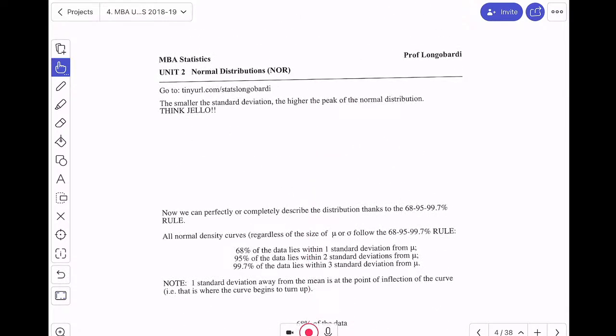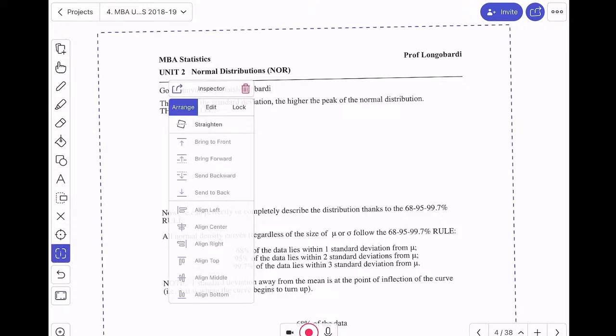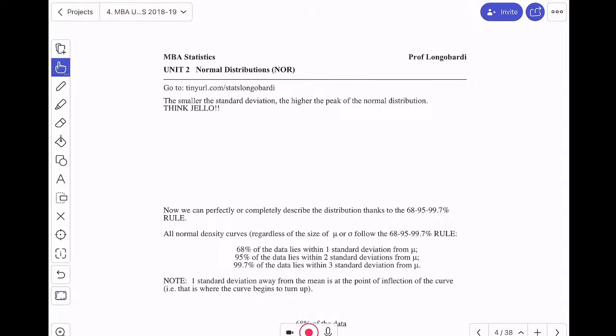Before we go, I just want to say something. The idea is that the area under the curve, and the distribution of the area under the curve, is the same from normal distribution to normal distribution.